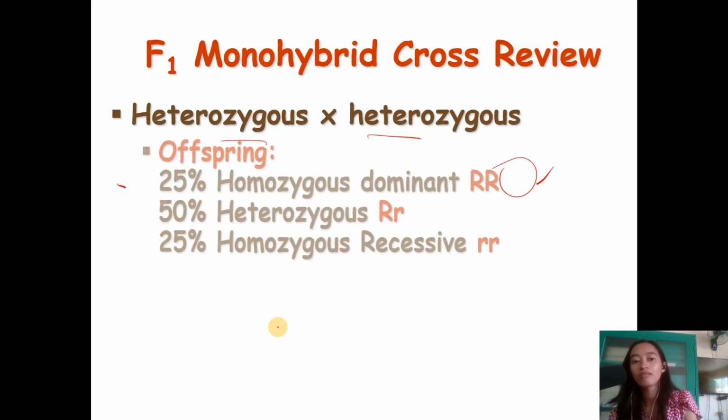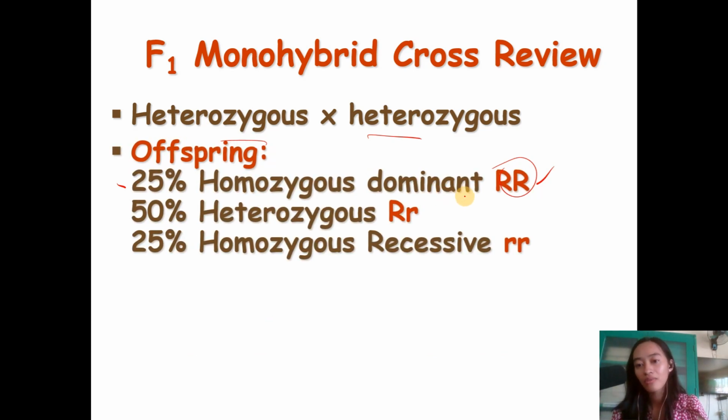So sakto iyang giingon. 25% for homozygous dominant, 50% kay duha man ka buok ang hybrid or heterozygous, 25 ang homozygous recessive.